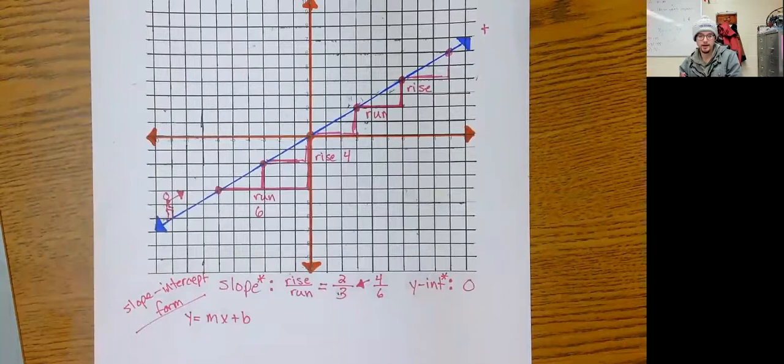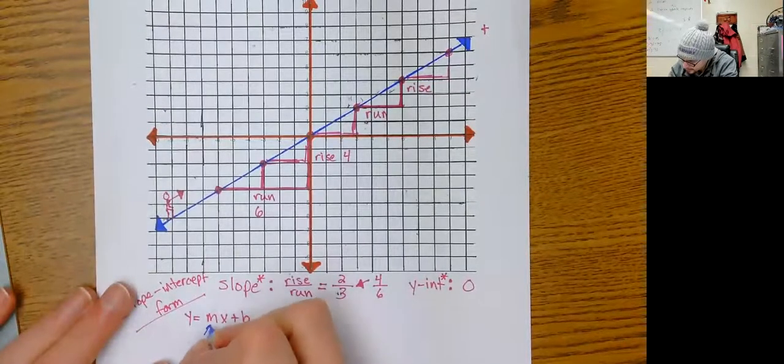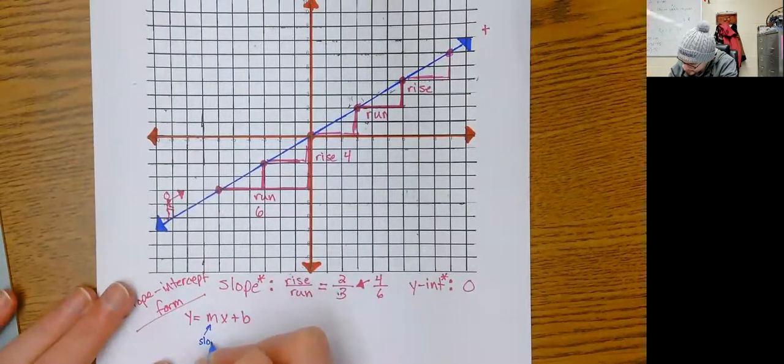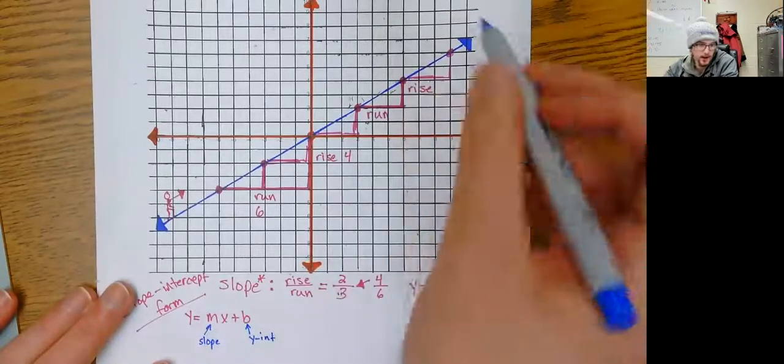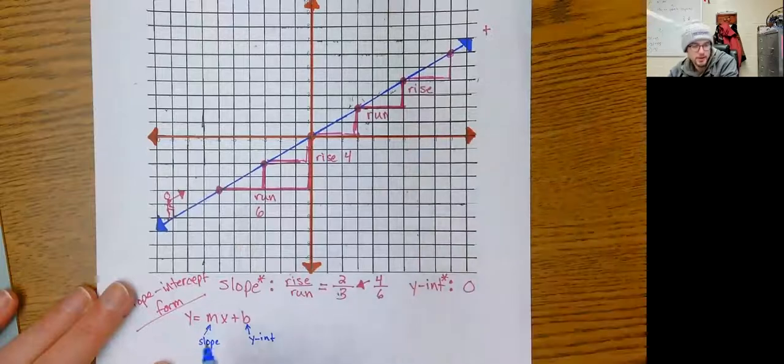So what we're looking at here is m is the slope and b is the y-intercept. Now y and x are y and x's, right? But slope is m and b is y-intercept.